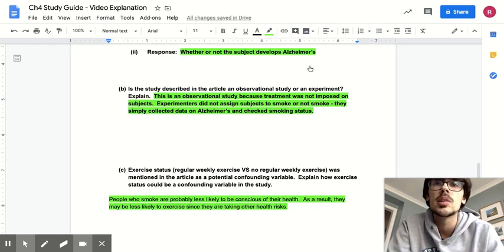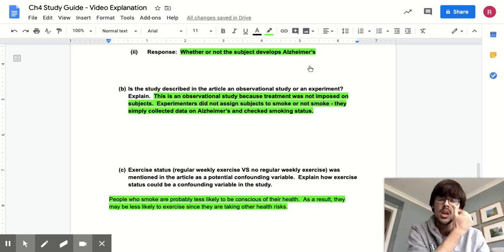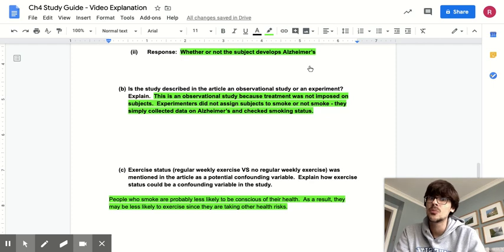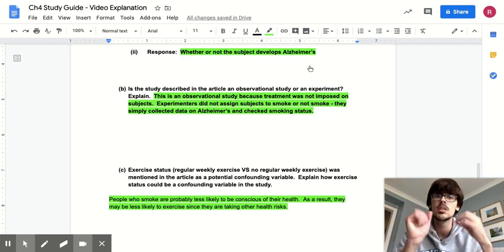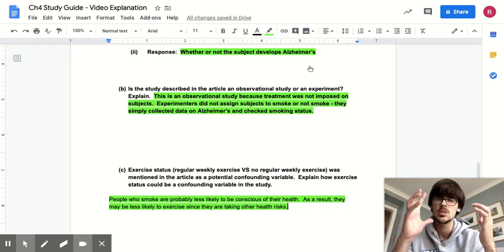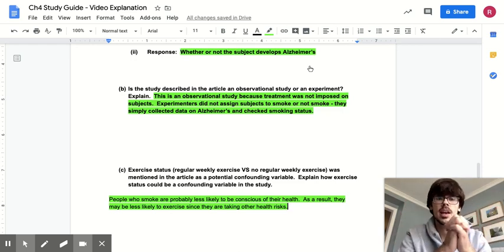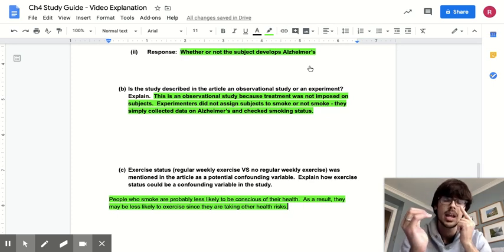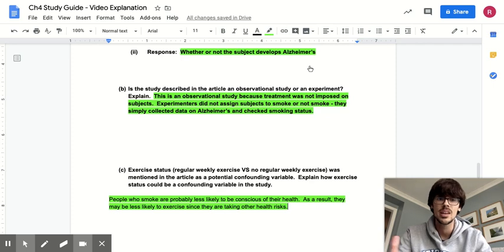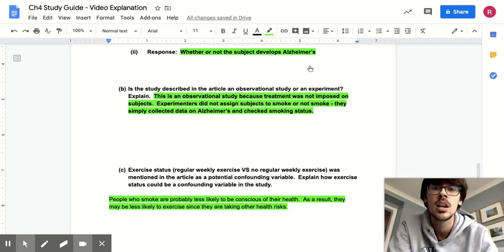Now, to get full credit in this problem, you have to do one other thing. The second thing, for it to be a confounding factor, it would have to be where, oh, I thought it was going to be smoking that was responsible, but ooh, it's actually exercise. So I showed how smoking is connected with exercise, but I have to follow that up with saying how exercise could actually be what I'm seeing, why the Alzheimer's rates are higher.